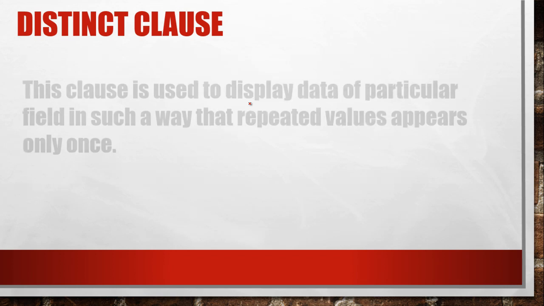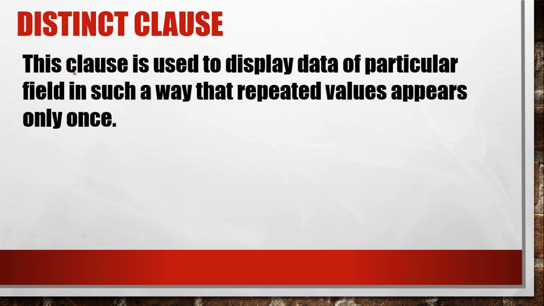Now what is the benefit of the distinct clause? First let me show you the definition: this clause is used to display data of a particular field. It is applied on a particular field in such a way that repeated values appear only once.